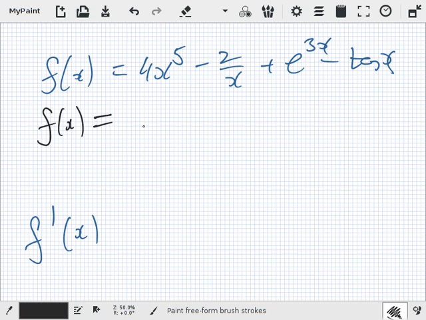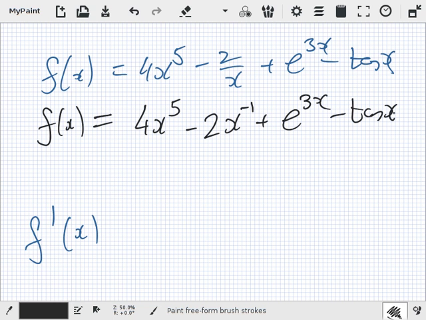Watch. I'll write 4x^5 minus 2x^(-1) plus e^(3x) minus tan x. Now, you have the formula book. Can you show Tom where the formula for x power n is? This is for differentiation.